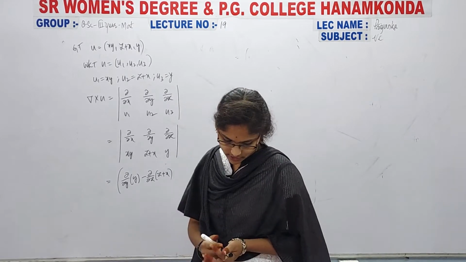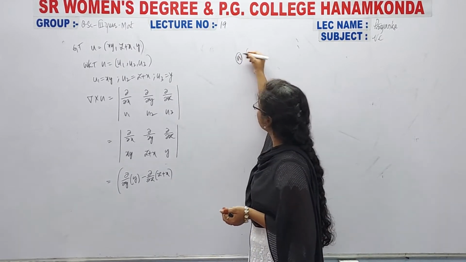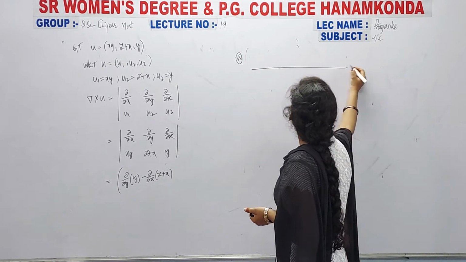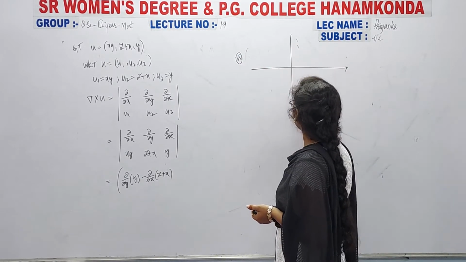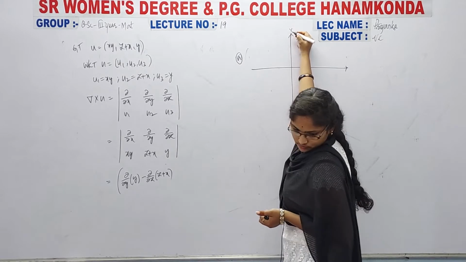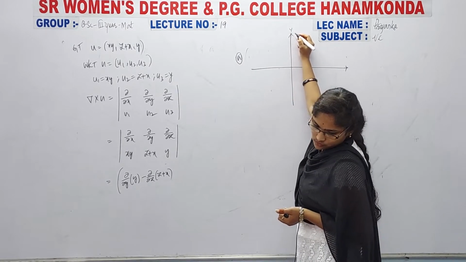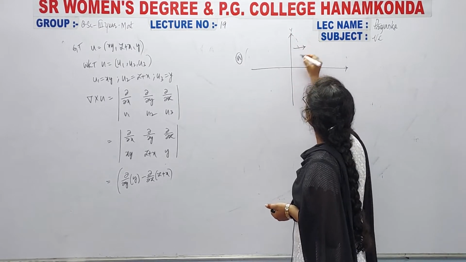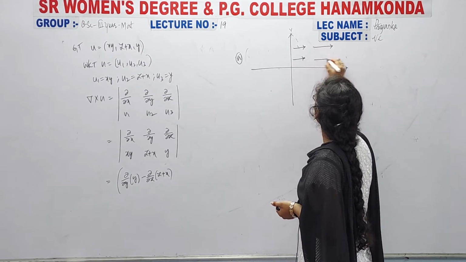Draw this one. The first one is A1. I am taking the x axis and y axis. So now here just take like this only, arrow marks.